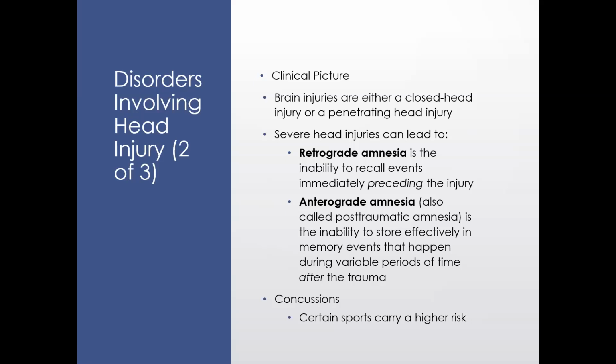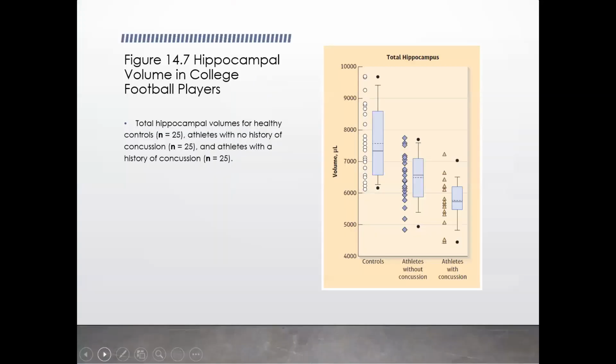It's about an hour long, but it is super interesting, and I do show it in some of my other courses, so I did not include any of those videos in this one. This is just showing you what hippocampal volume looks like in college football players compared to controls, athletes without a concussion, and then athletes with a concussion.